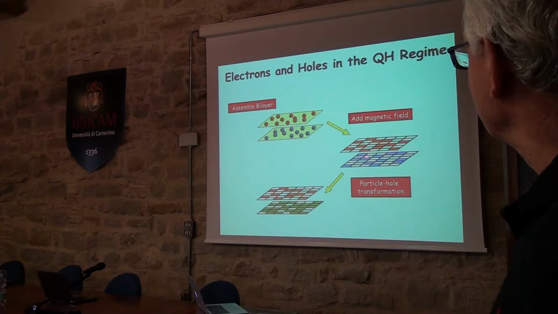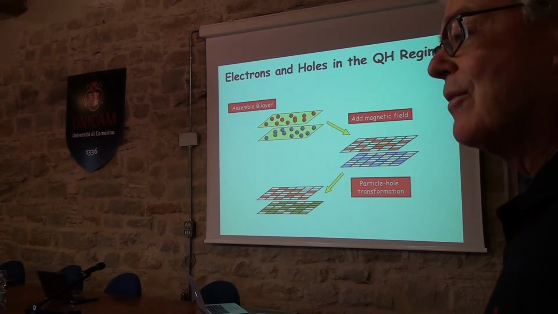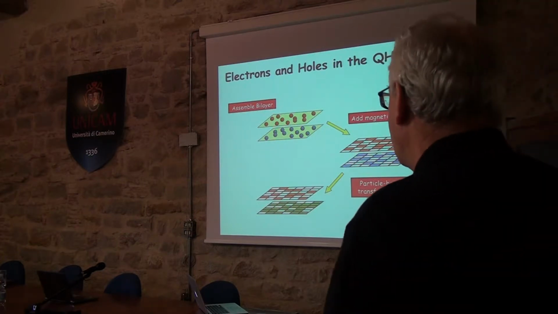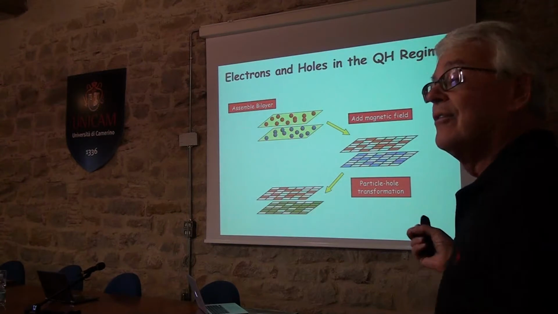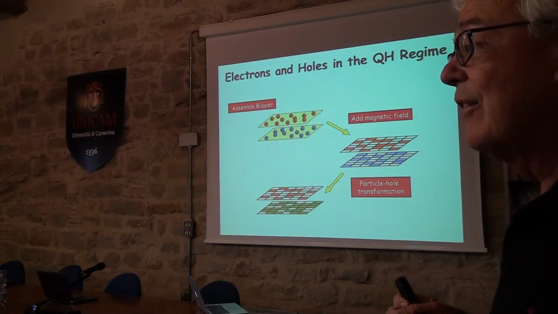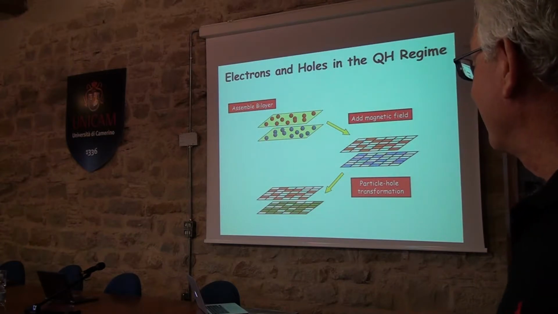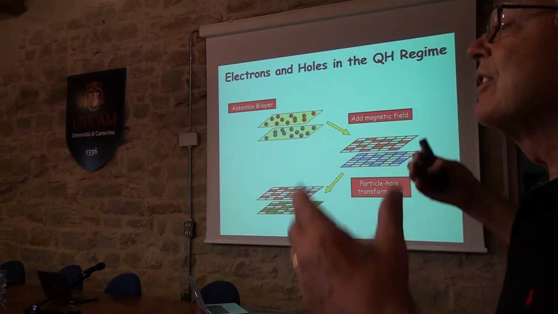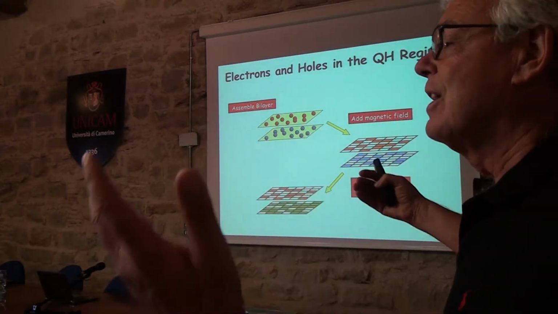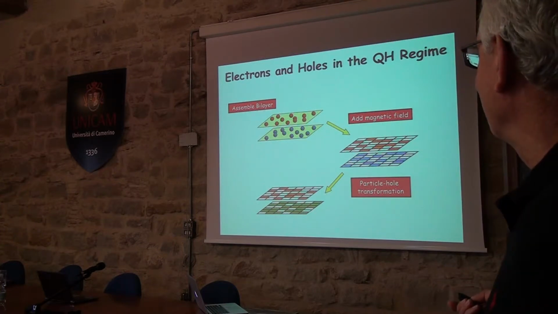When those Landau levels are partially filled, you can make a particle-hole transformation on one of the layers. This exciton condensate state occurs when the number of electrons in the lowest Landau level of one layer is equal to the number of holes in the lowest Landau level of the other layer. And so it turns out when you add the two layers together, you have enough electrons to fill one Landau level between the two layers, or total filling factor 1.